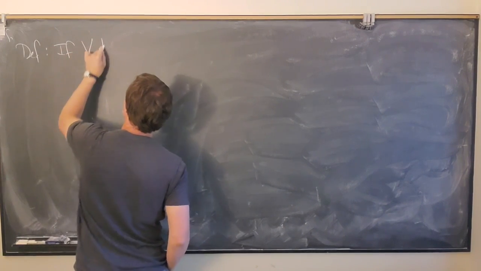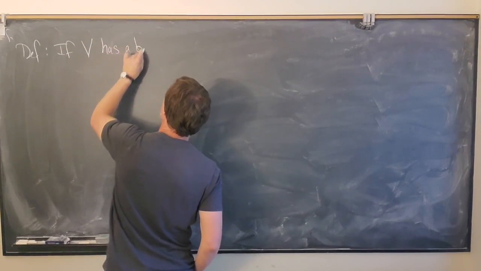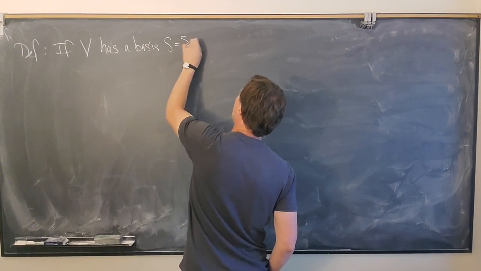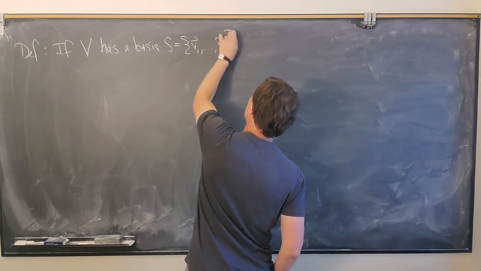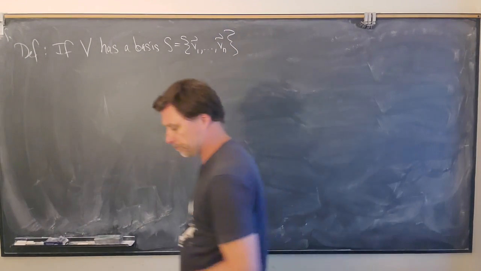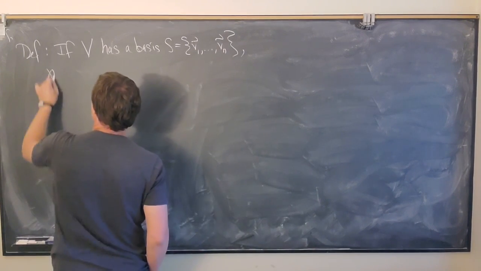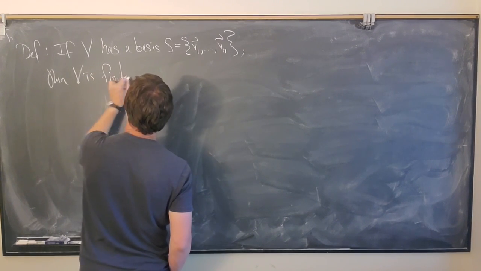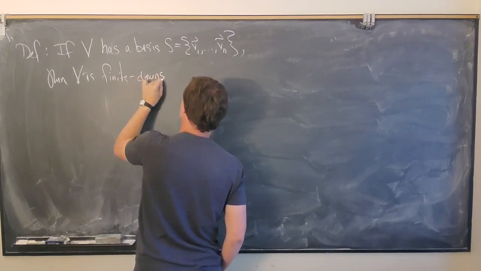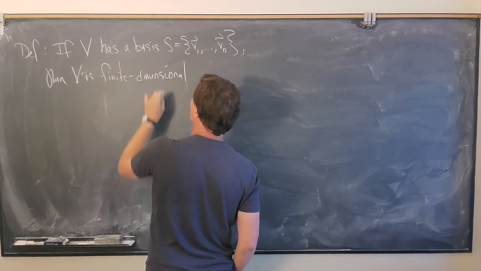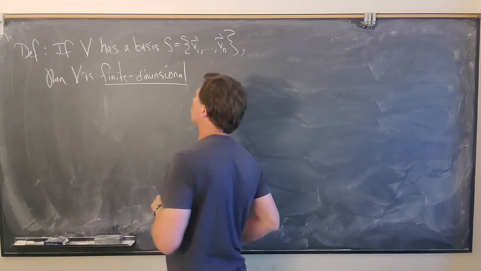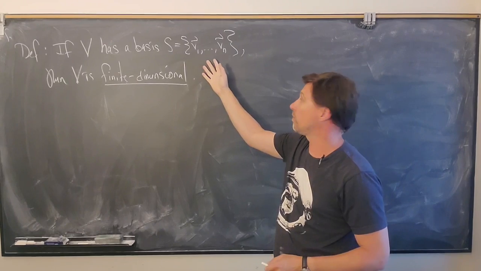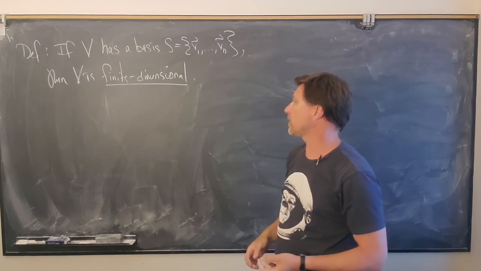If V has a basis of the form S equals, say, V1 up through V sub n, then V is finite dimensional. So what this is saying is, if V has a basis that consists of a finite number of vectors, then the vector space is called finite dimensional.